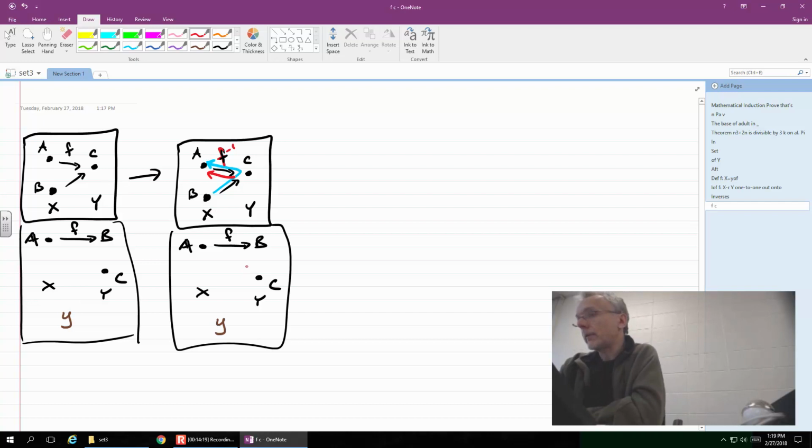How do I build the inverse if it has to be defined on Y? B has to go somewhere and C has to go somewhere. Where do they go? There's only one place to go. To A, right? That's the only way for the inverse to exist, because there's only one candidate.